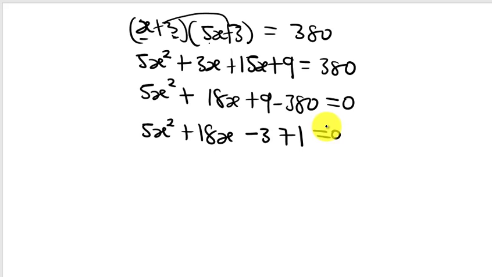Now this quadratic equation, you have 3 approaches that you can use to solve. Either use the factorization method, or the general quadratic formula, or the completing the square method, whichever way. But I want to use the factorization method here. You can use any other formula or approach to solve that. So for me to factorize, I'm going to use the 5, that is the coefficient of x squared, to multiply the constant, that is the minus 371.